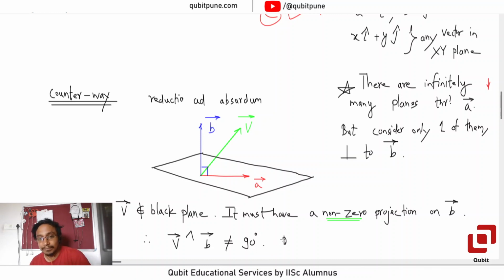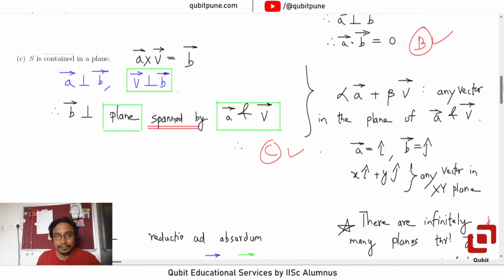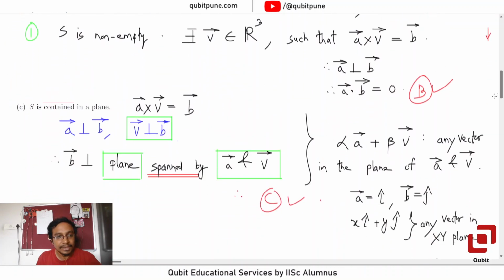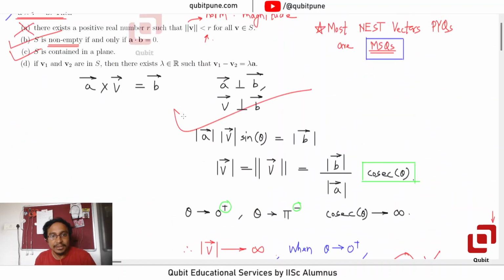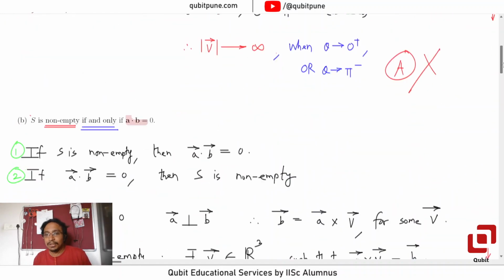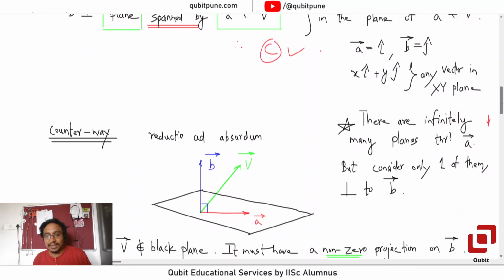But V bar perpendicular to B bar is given. It is given here, so it contradicts with what we said.